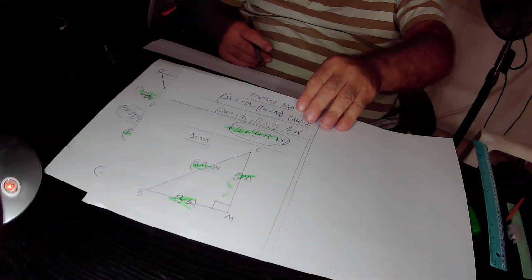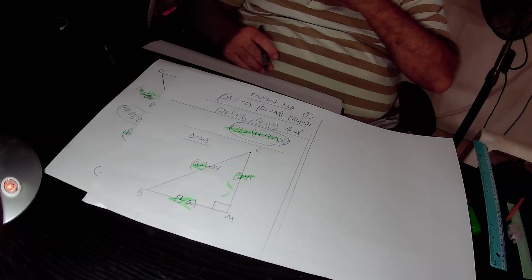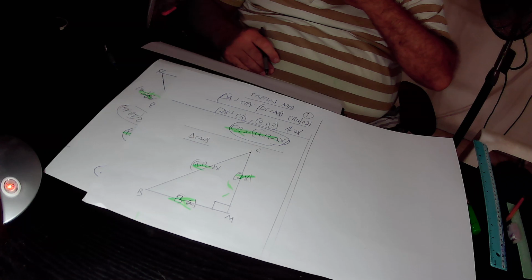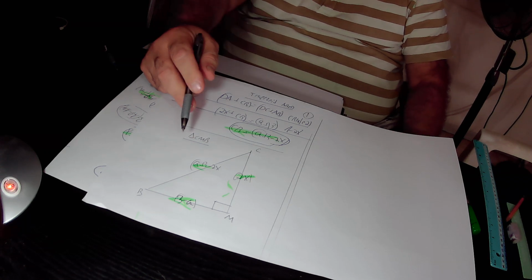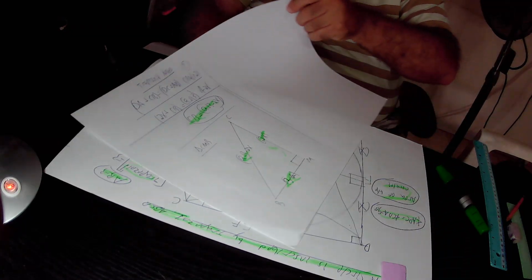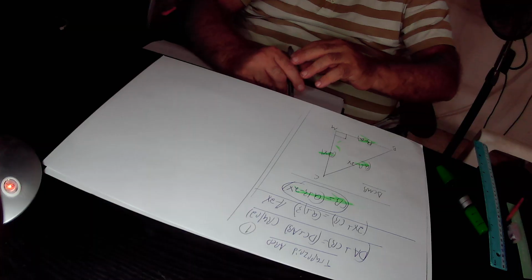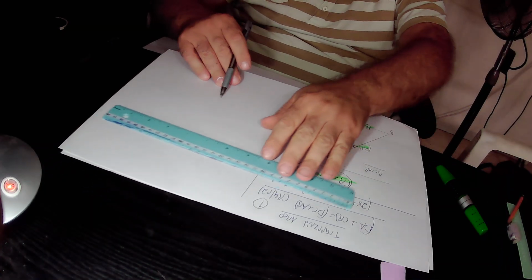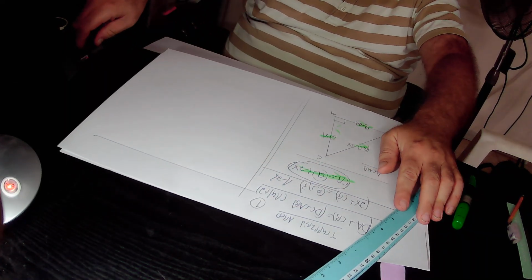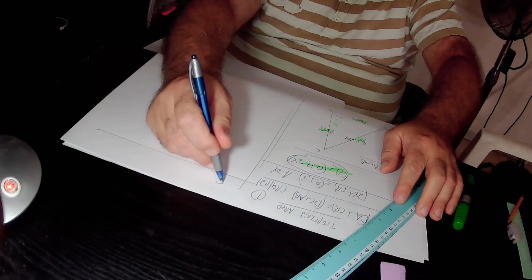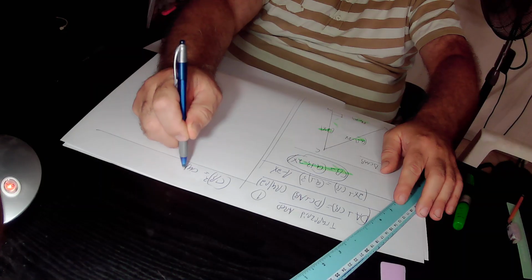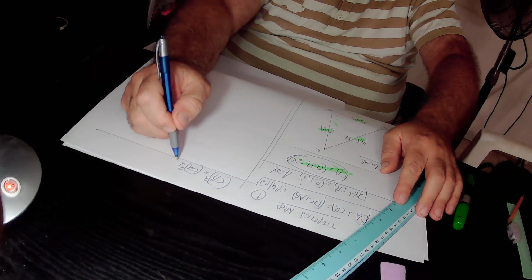So this is the right triangle CMB. According to the Pythagoras theorem, CB squared, that is the square of the hypotenuse, equals CM squared plus MB squared. So written down, according to the Pythagoras theorem, in this right triangle CMB, CB squared, that is the square of the hypotenuse, equals CM squared plus MB squared.